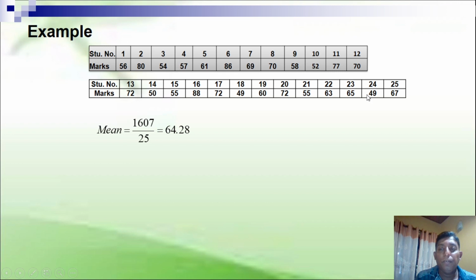The total number of students here is 25. Then when we divide the total marks by the number of observations or population size 25, the population mean equals 64.28.